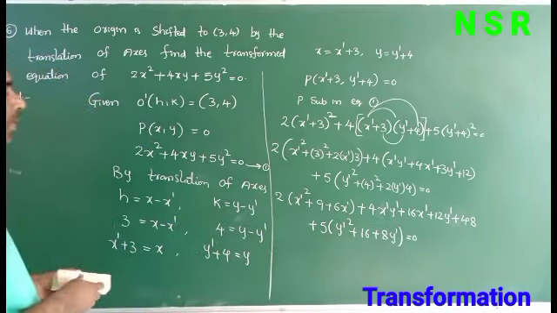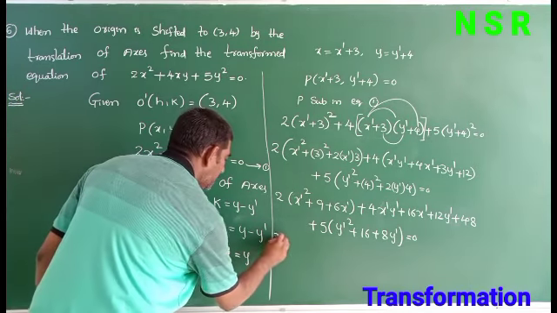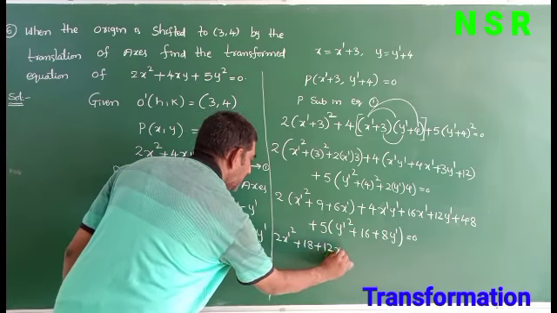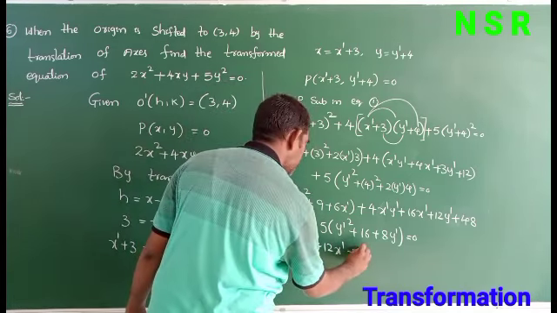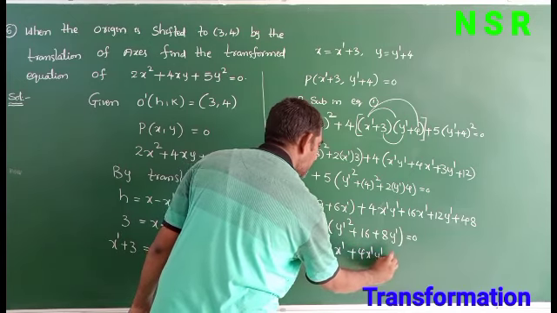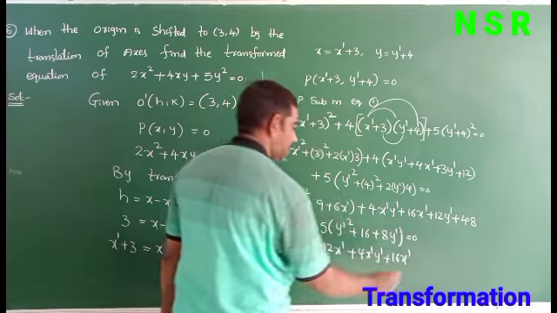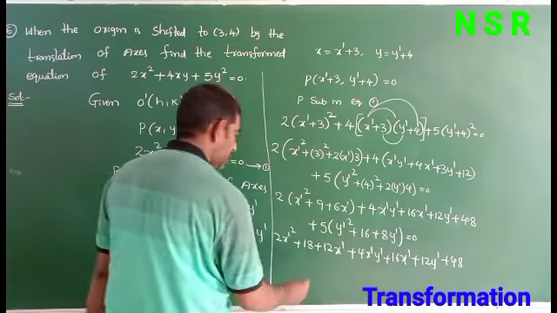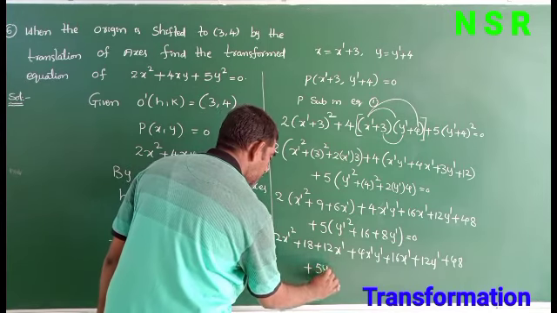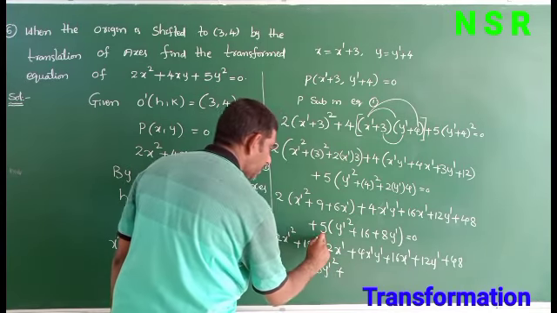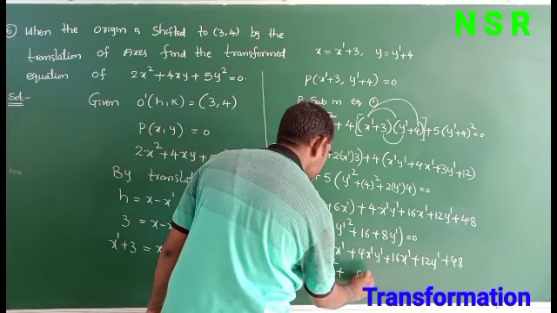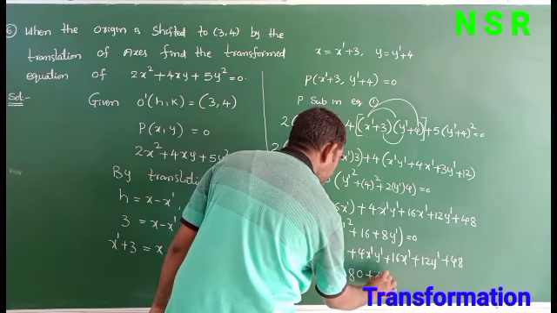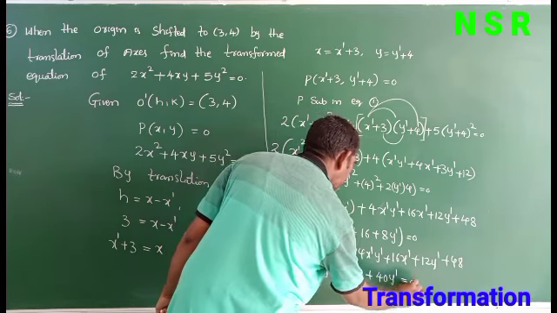Now here 2 multiply each and every term, we get 2x dash square plus 18 plus 12x dash plus 4x dash y dash plus 16x dash plus 12y dash plus 48 plus 5 multiply each and every term, 5y dash square, 5 into 16, 80, plus 40y dash equal to 0.